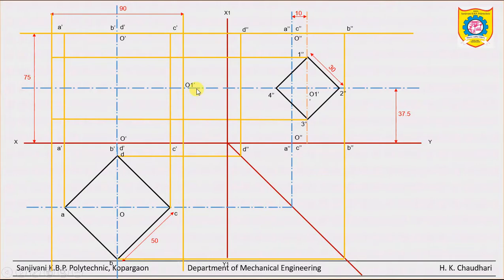So label the axis and points O1 dash, O1 dash, and then the points as 1 dash, here 2 dash, here 3 dash, again here 4 dash. Okay, similar to left face. This is the left face. Okay, now next is what will be next step?